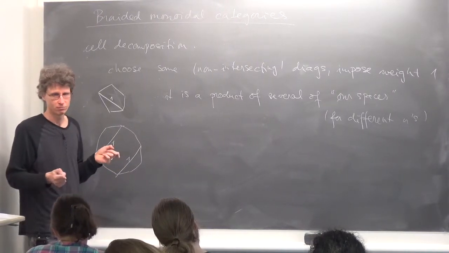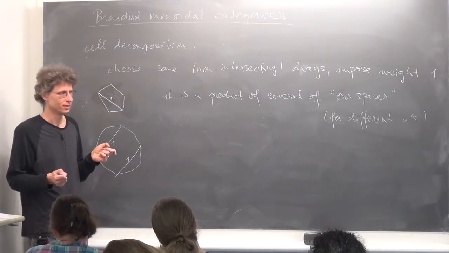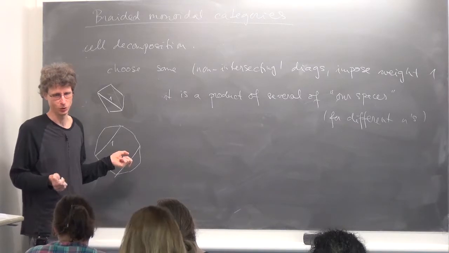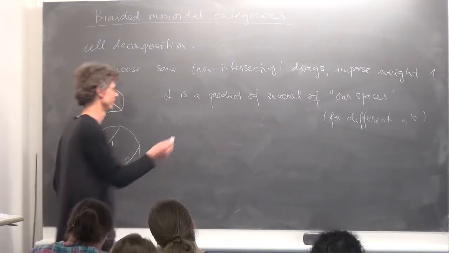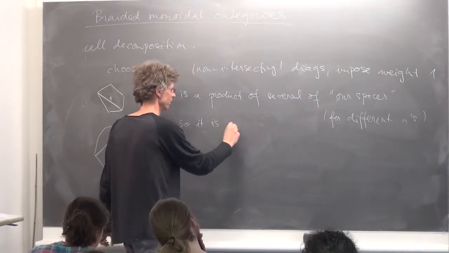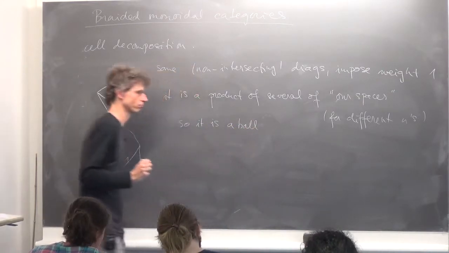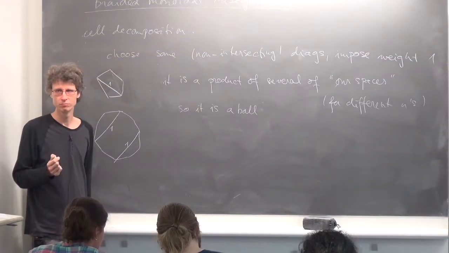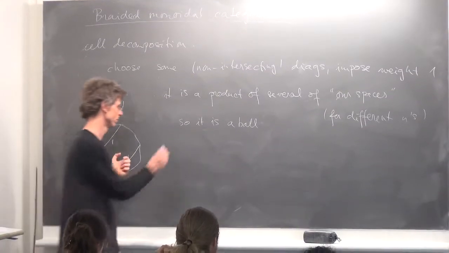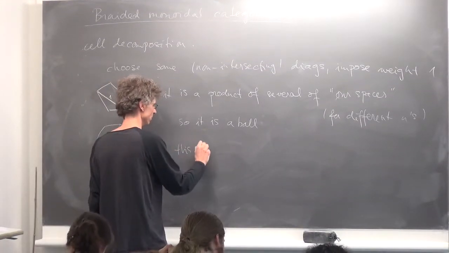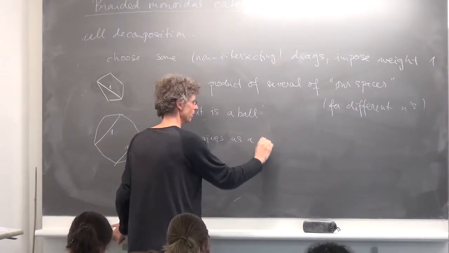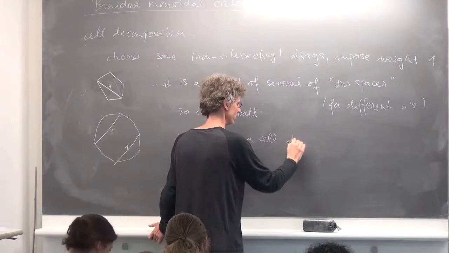The only thing I need to know is that if those spaces were balls, then their product is again a ball. So we can understand it as cells, and this gives us a cellular decomposition.